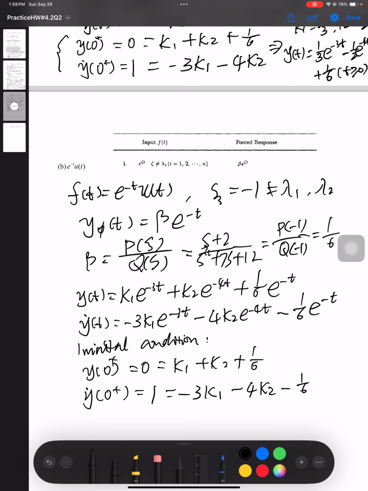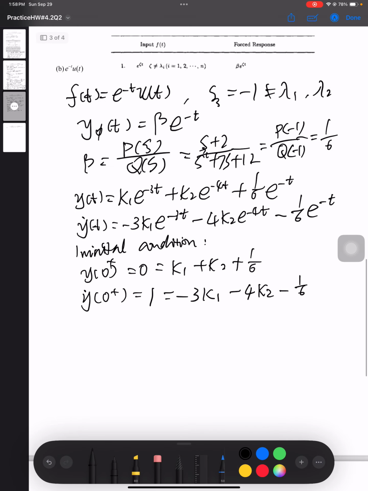So we calculate these two equations. We can get k1 equal to 1 over 2, and k2 equals minus 2 over 3. So we can get the final solution.